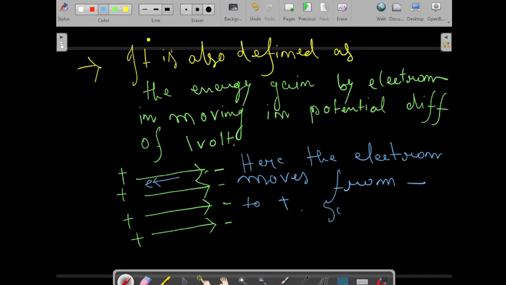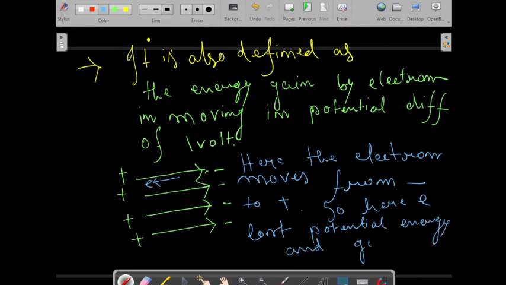So here the electron loses potential energy and gains kinetic energy, K.